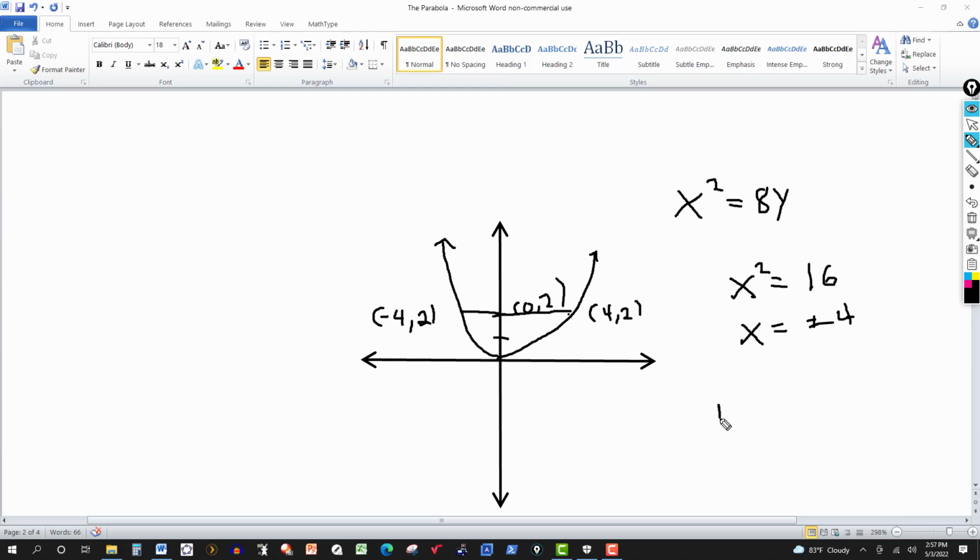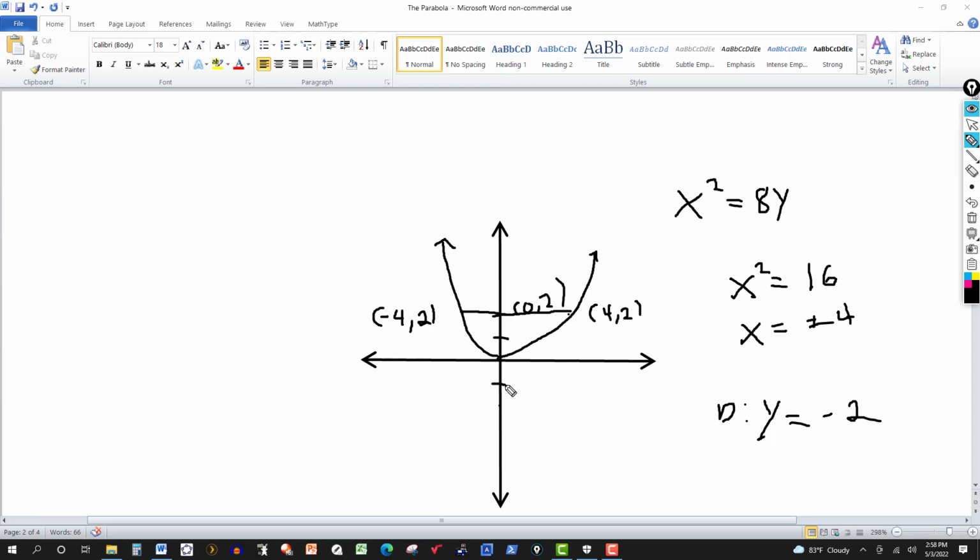And of course, we already said the directrix is at the other end. So the focus is here, the directrix is 2 units this way. This is y equal to -2.